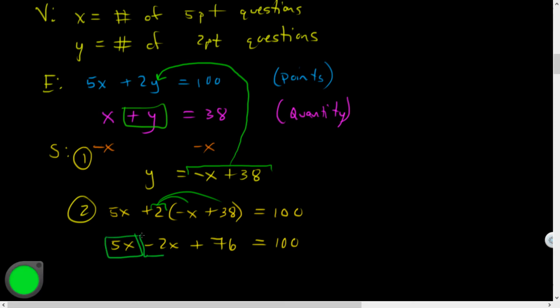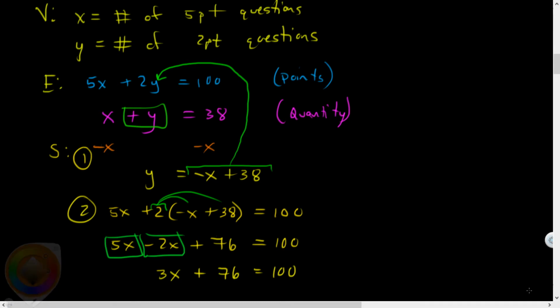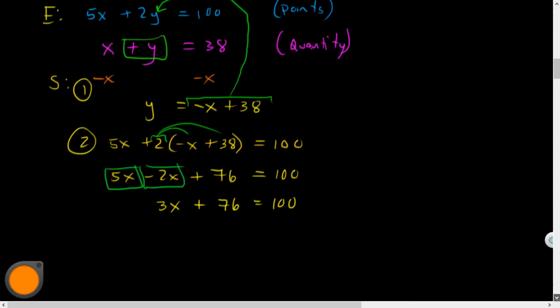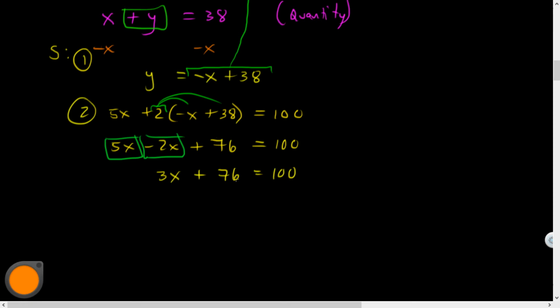Yeah, let's get these x's together. 5x's minus 2x's is how many x's? 3 x's. Okay, now what do I do? I would subtract that 76 from both sides. 3x is equal to, what's that, 24?